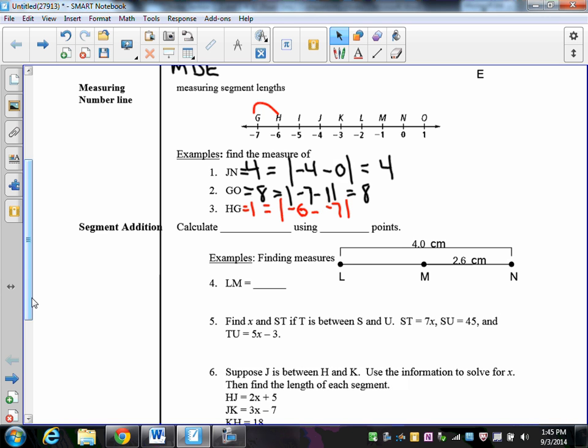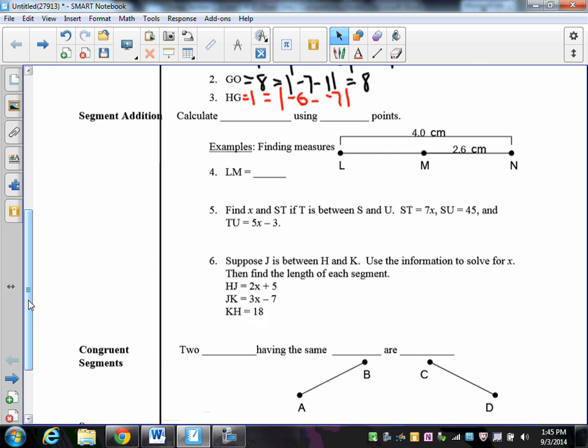So we can also add segments. We calculate segments using points that are in between.